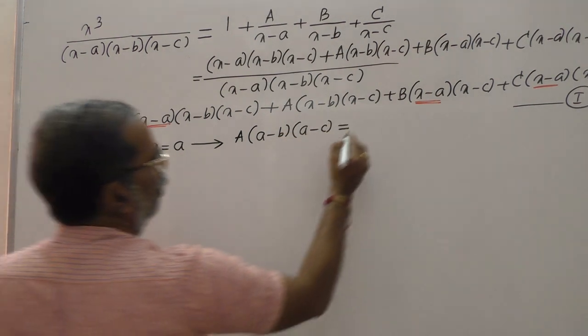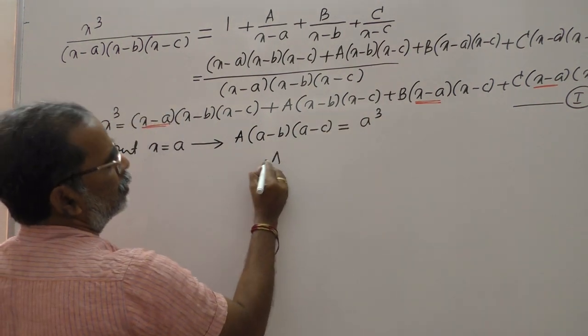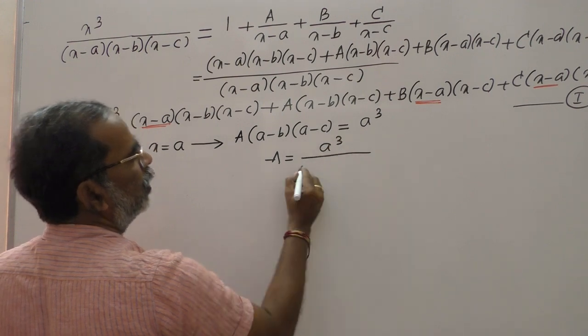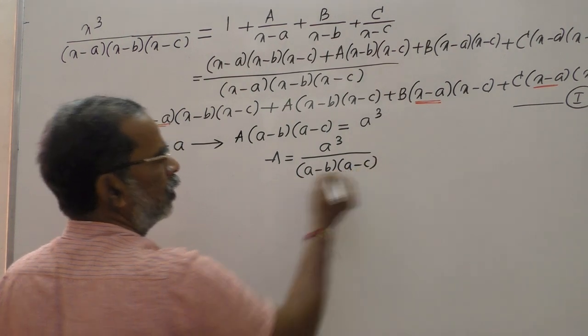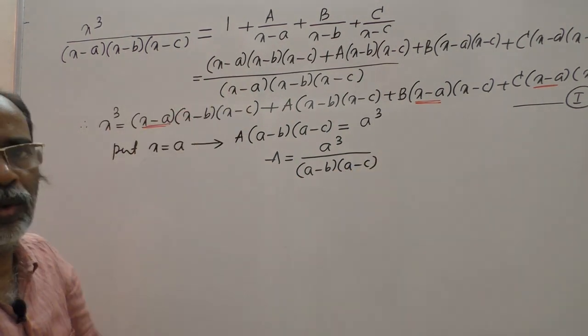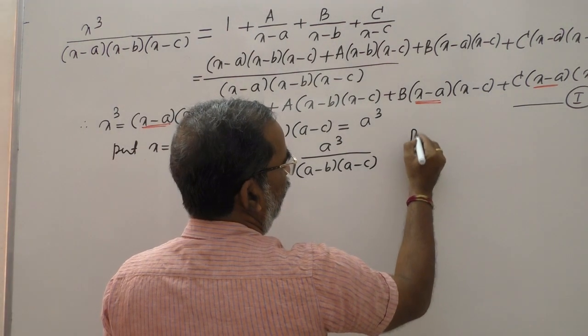On the left side we will have a cube. This implies capital A value is a cube divided by (a minus b) into (a minus c). Similarly, you can put another value x equal to b, you will get b value. Similarly, that can be done. I will write here.